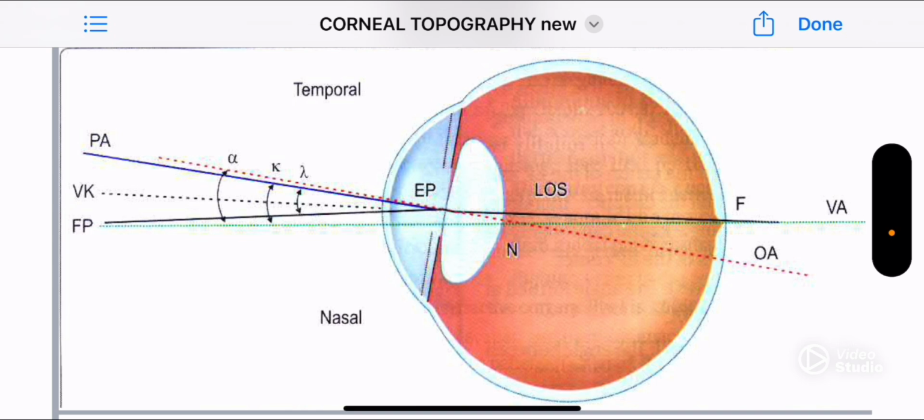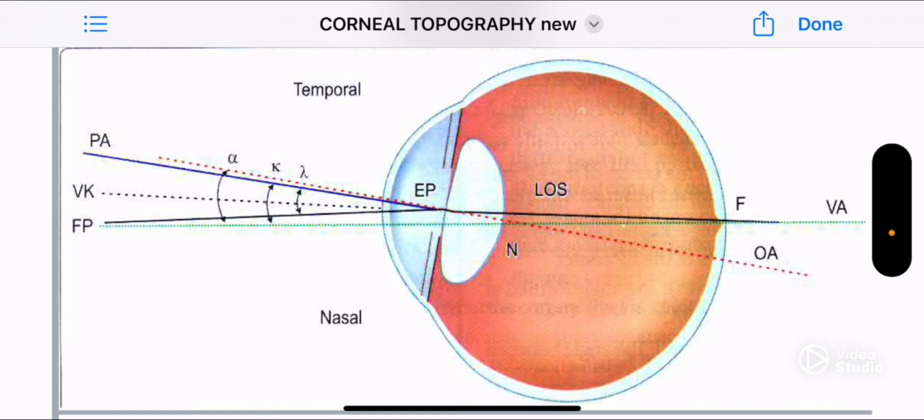There is an axis known as PA, which is the pupillary axis. Hence, the pupillary axis is the axis which connects the center of the pupil to the center of the anterior curved surface of the cornea.